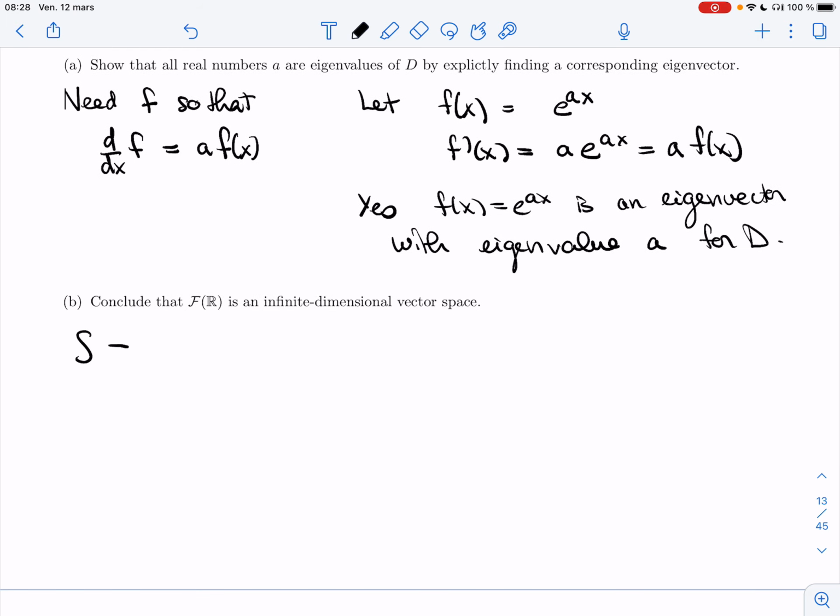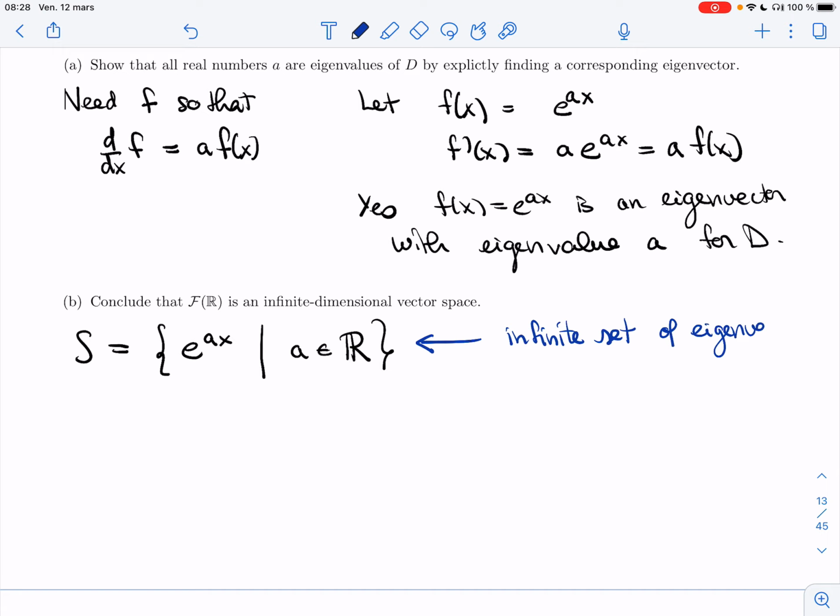So what I'm going to do is take the set S of all of these e to the ax with a in R. This is an infinite set. In fact, it's not even countable, right? It's an uncountable set. So an infinite set, and each element is an eigenvector, but they all have different eigenvalues.